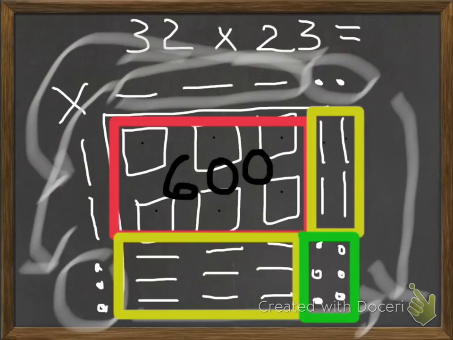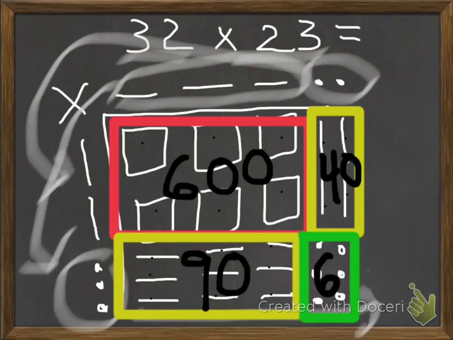And the same thing here. 4 tens is 40. And 9 tens is 90. And we have a 6 here. 6 ones.